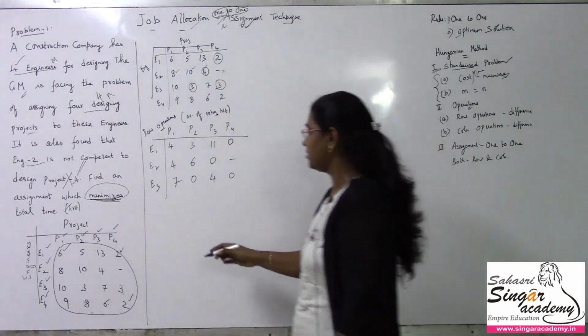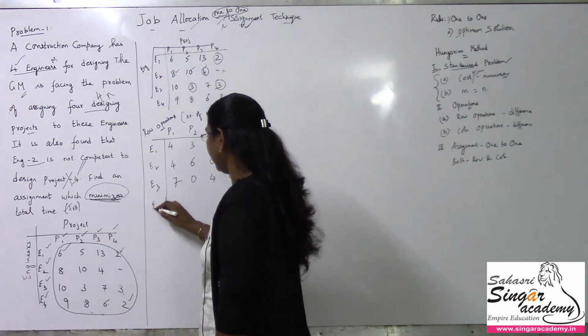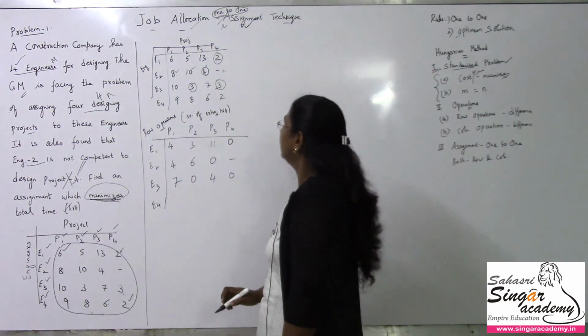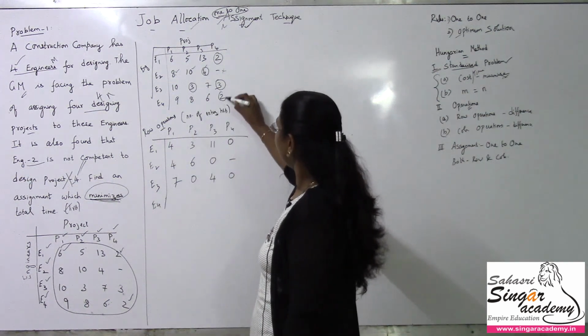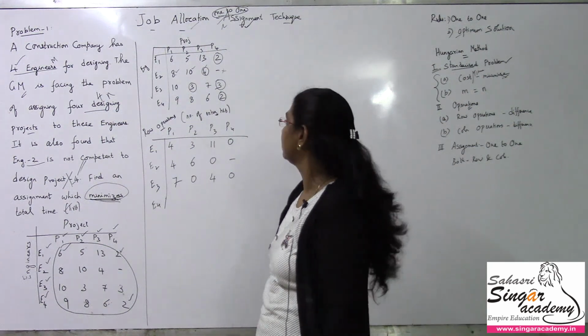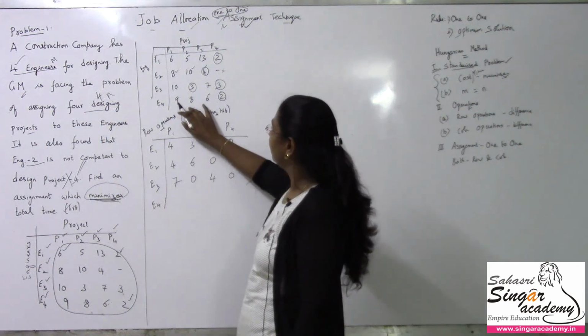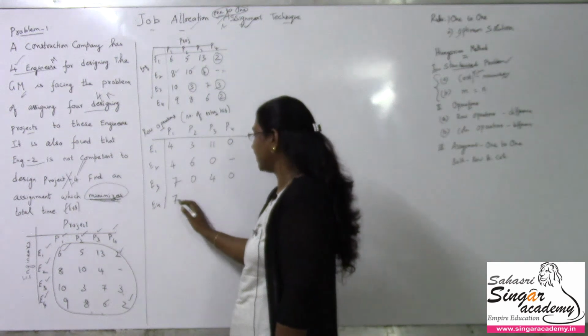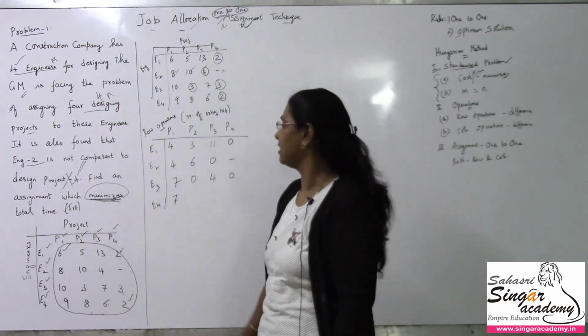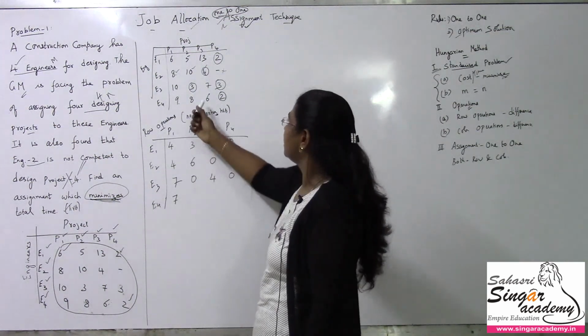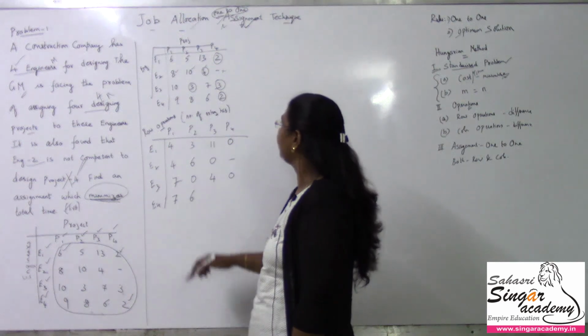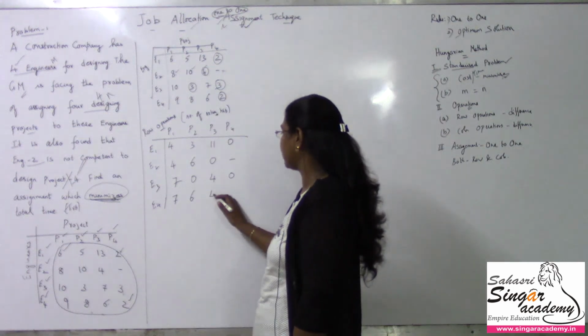We'll go for the last engineer, engineer 4. He can also do project 4 with the minimum number of hours. So if project 1 is given, he will take 7 hours extra, 9 minus 2, 7 hours extra. This one, 6 hours extra. This one, 4 hours extra. In apt time.